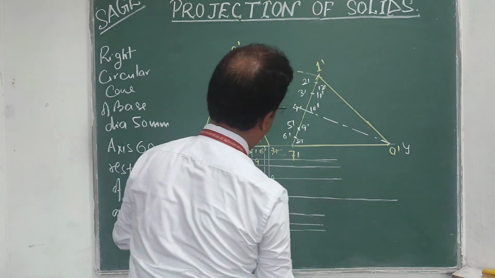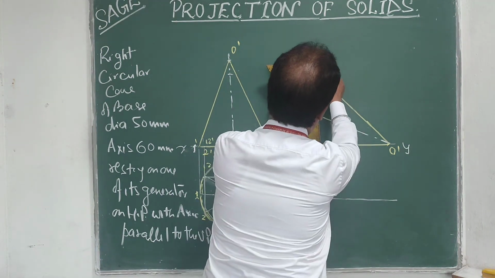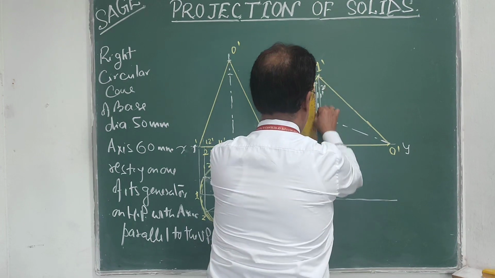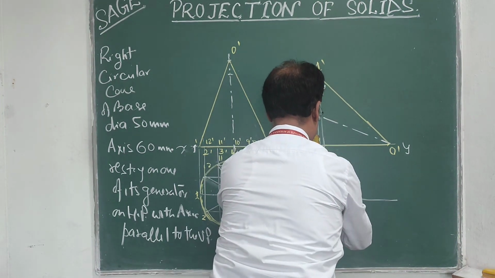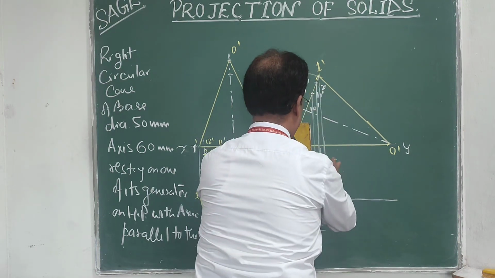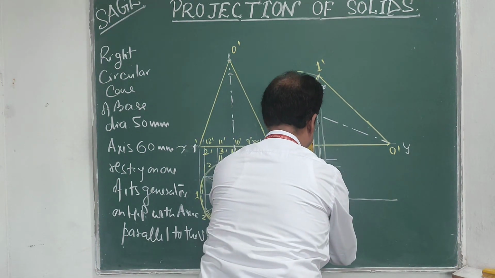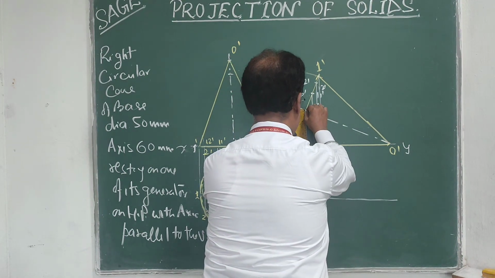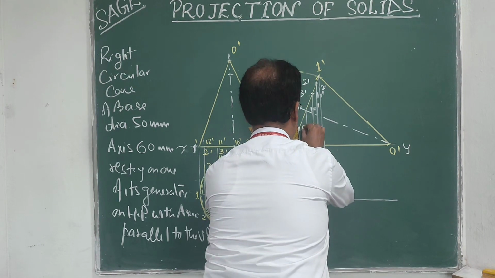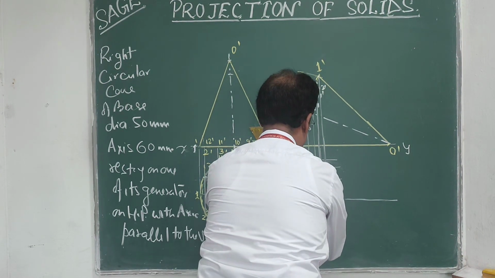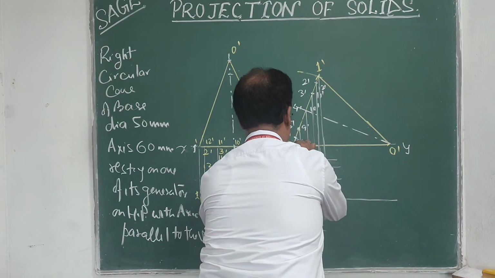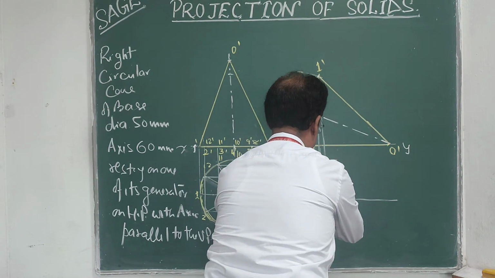Now from the front view, draw perpendiculars from 1 dash, then 2 and 12, then next 3 and 11, then 4 and 10, 5 and 9, 6 and 8, and finally 7.